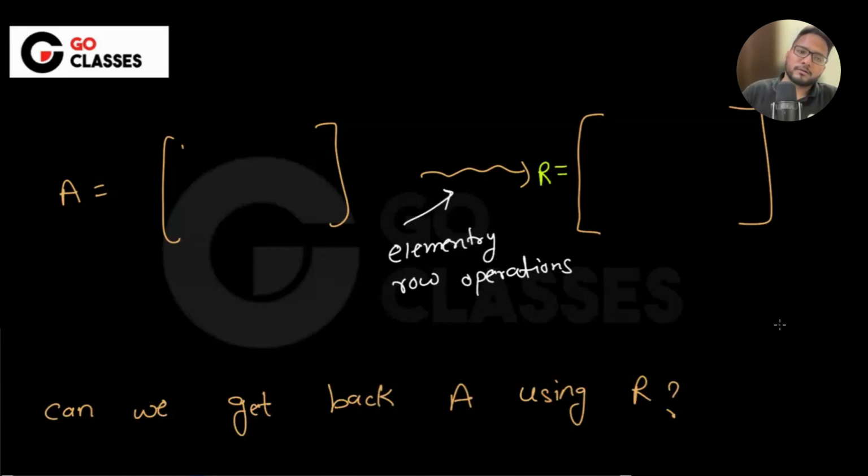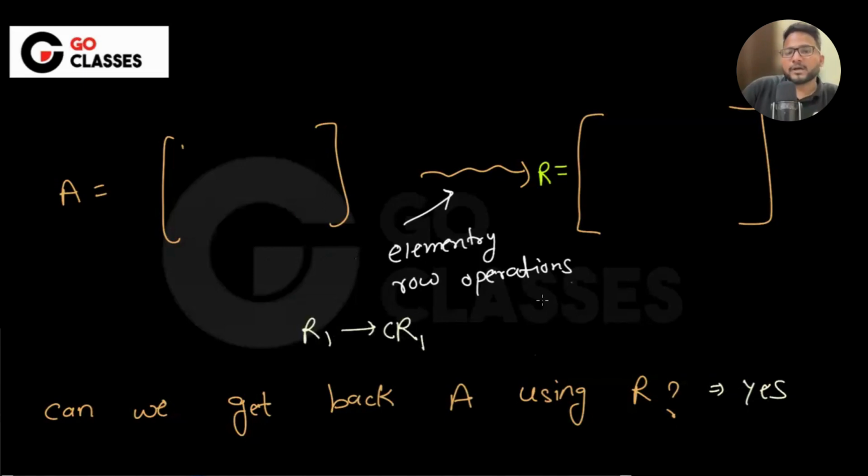What do you think? Yes, right? So yes, we can apply the reverse operations. It means that if somewhere I have done R1 gives C times R1, then I will divide.